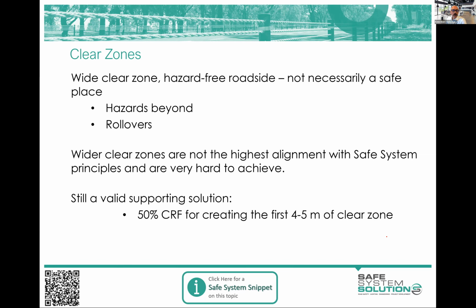Yeah, clearing the roadside of fixed hazards, in the first 4 to 5 meters, it really reduces crashes by about 50%, and it just flattens out after that. But the reality is, it is very, very hard to ever be able to clear that. We don't want to be cutting down all the beautiful vegetation and all that wonderful stuff.